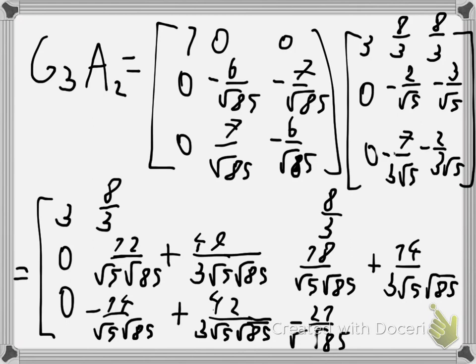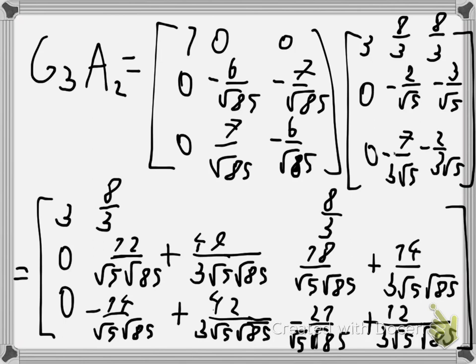Okay. Plus 12 over 3 square root of 5 square root of 85. Okay, I hope you can still see it. Okay, so this should be correct. I hope I did no mistake.